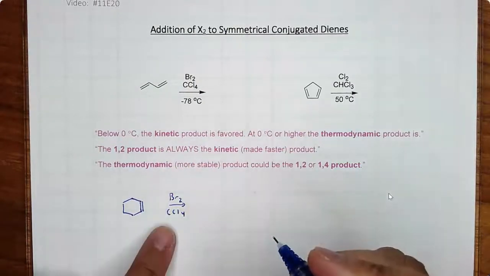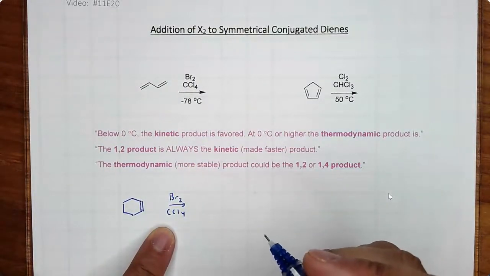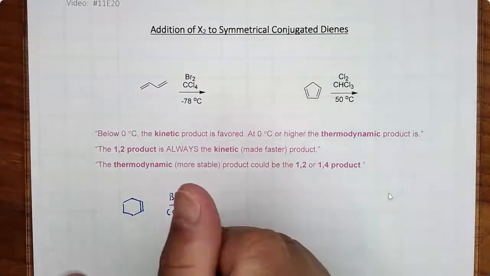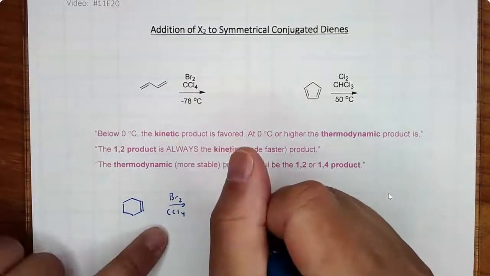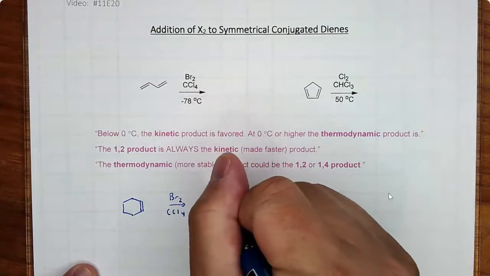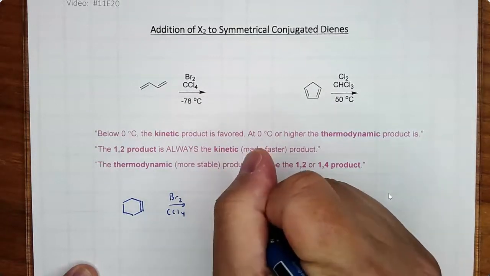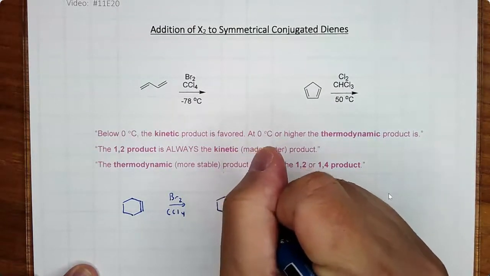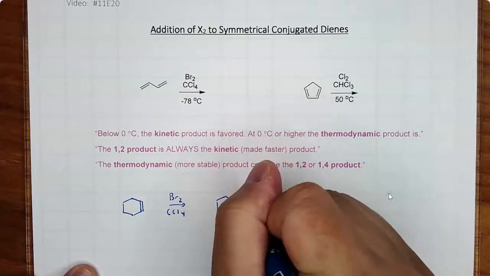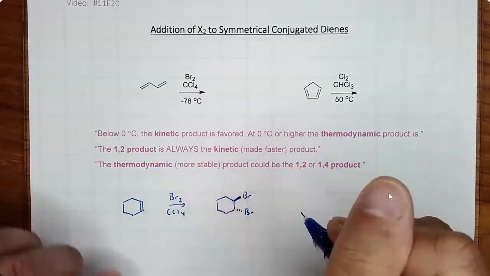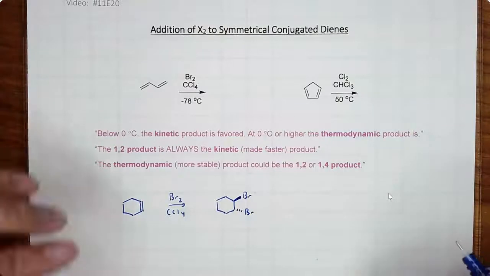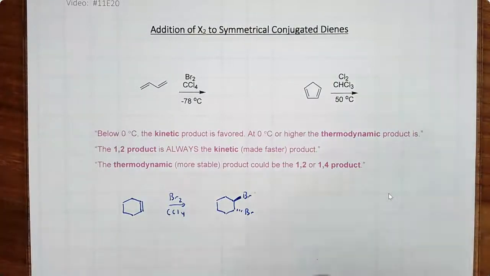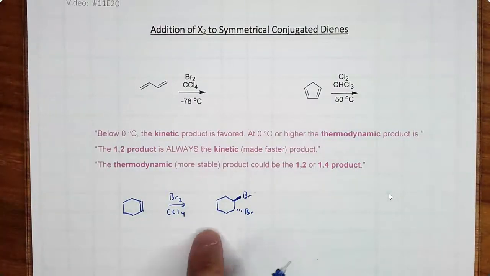That's because if we run it in water, we get the halohydrin. Normally there was no temperature when we talked about this in Organic Chemistry 1, but you get the dibromide. It's not necessary for what we're discussing now, but if you recall, it was anti-addition.